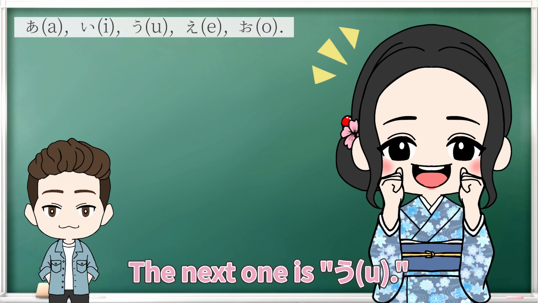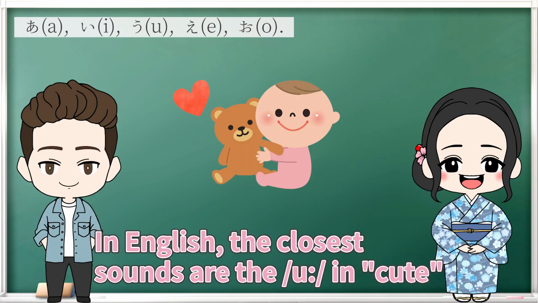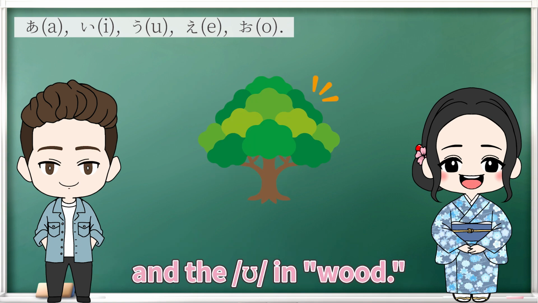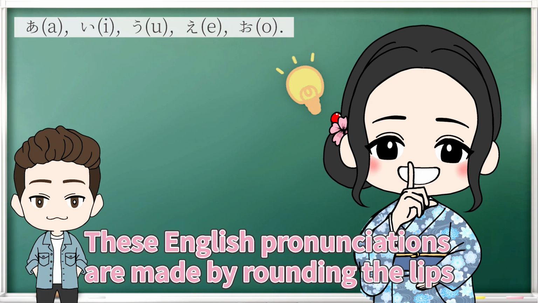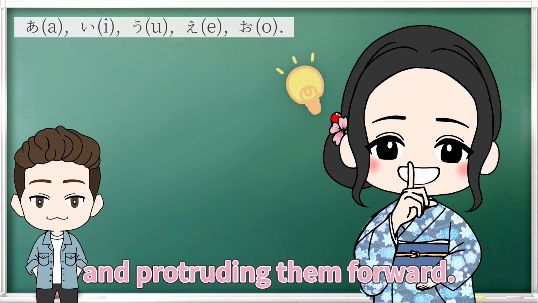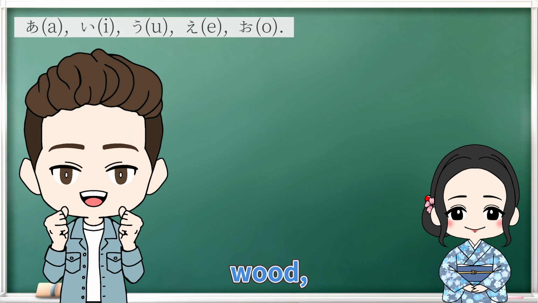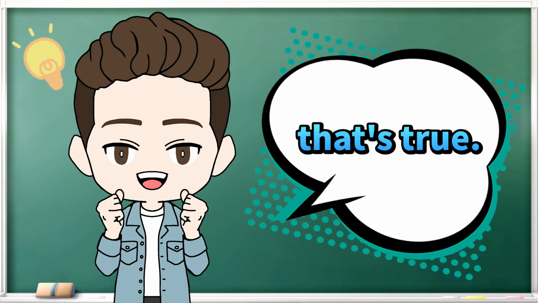The next one is u. In English, the closest sounds are the u in cute and the w in wood. These English pronunciations are made by rounding the lips and protruding them forward. Cute. Wood. That's true.